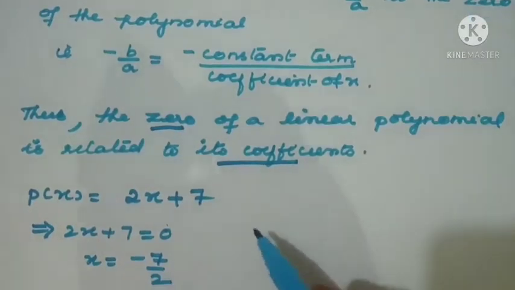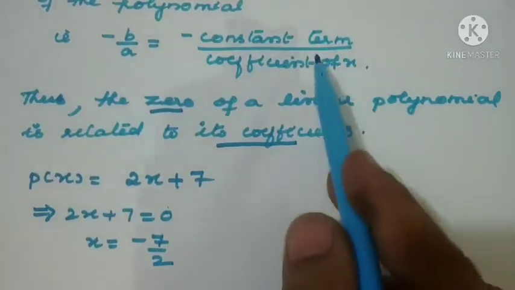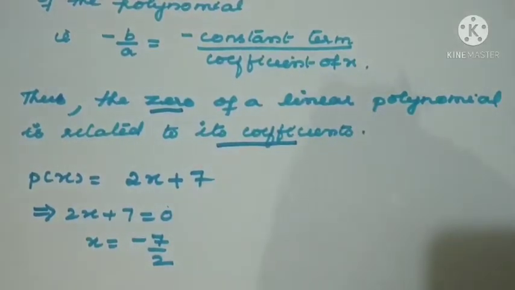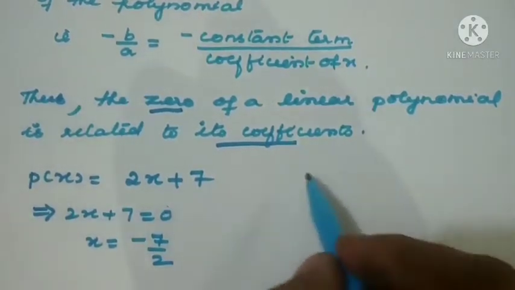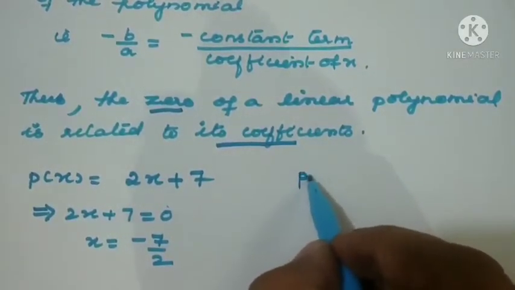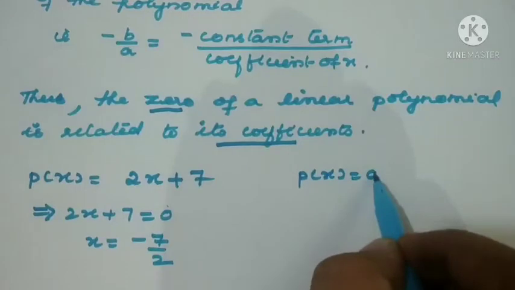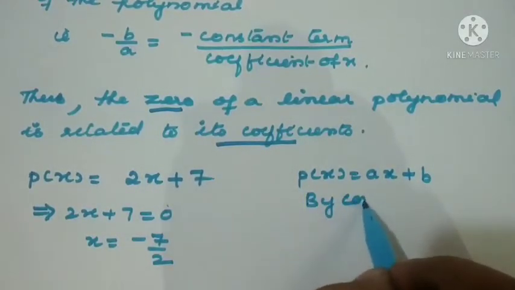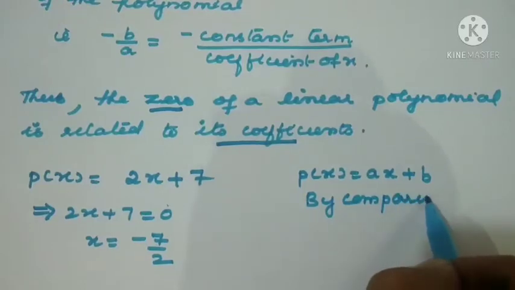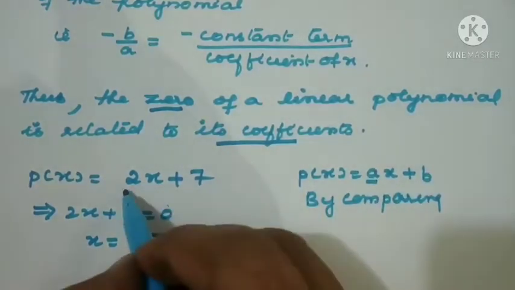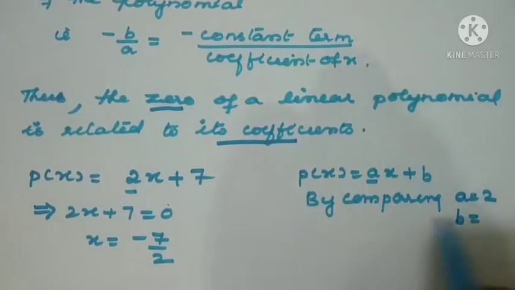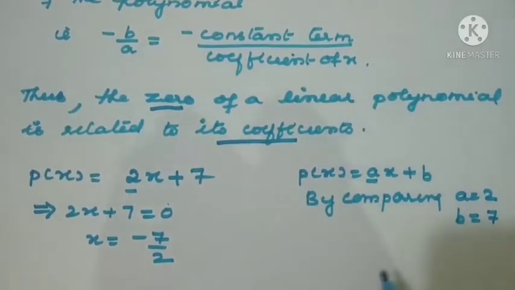Now, without calculating the steps, we can use the same formula, minus constant term by coefficient of x. How? The 2x + 7 should be compared with the general form p(x) = ax + b. By comparing, what are a and b? a is equal to 2, and b is equal to 7.